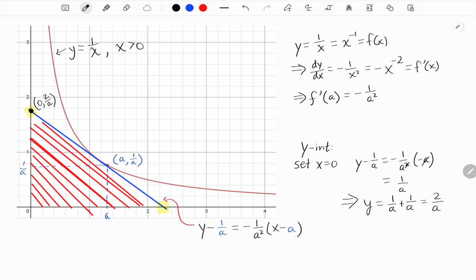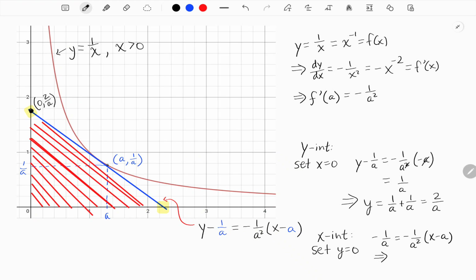Now if we want to find the x-intercept, we set y to be equal to 0. So when y is equal to 0, from this equation, we have negative 1 over a is equal to negative 1 over a squared multiplied by x minus a. Right over here, what I can do is multiply by negative a squared on both sides.